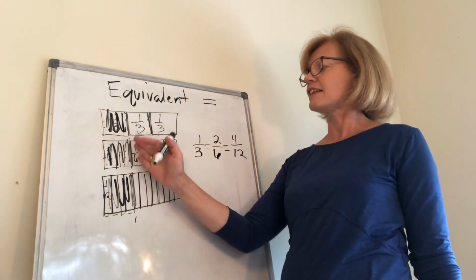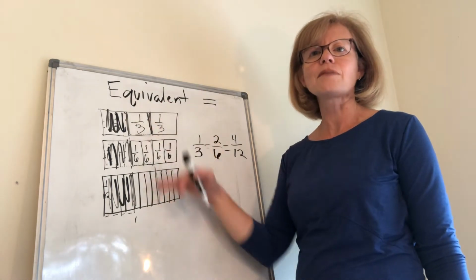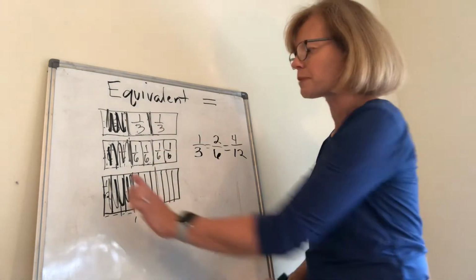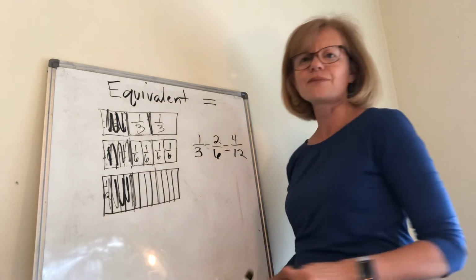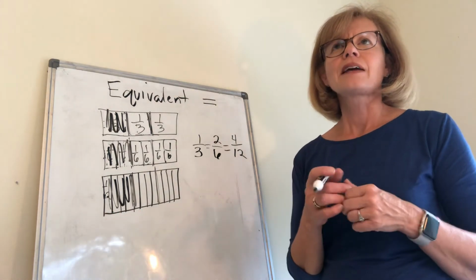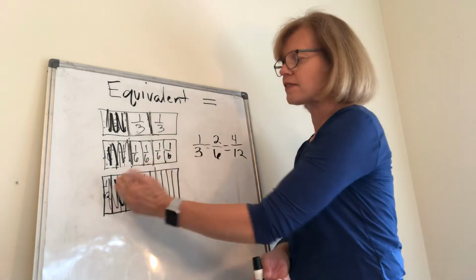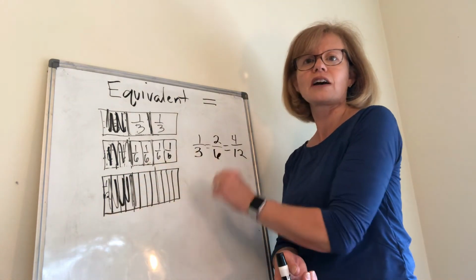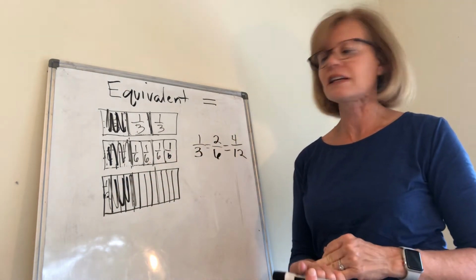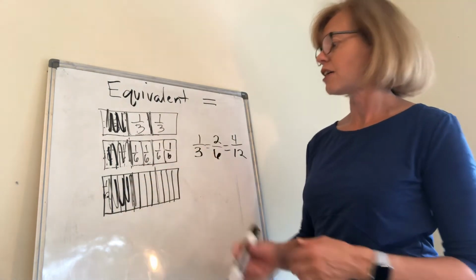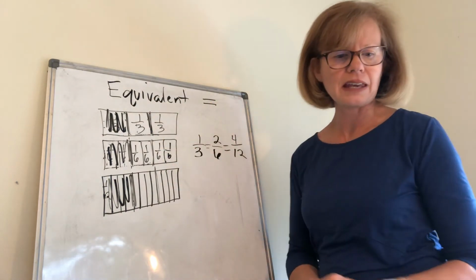And now I've divided this into 6 and into 12ths from that. So I'm trying to make sure that all my pieces are the same size. One thing that happens often for students is that they don't have their models done really carefully, and then it's really hard to tell if something is equivalent or not. But looking here, I can tell all of these are equivalent by making a model.